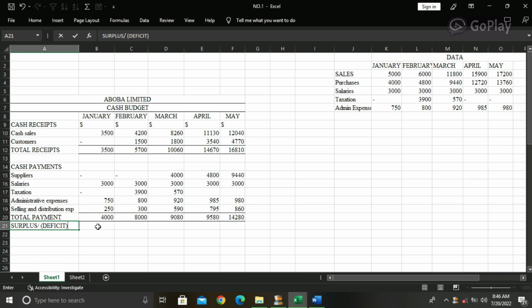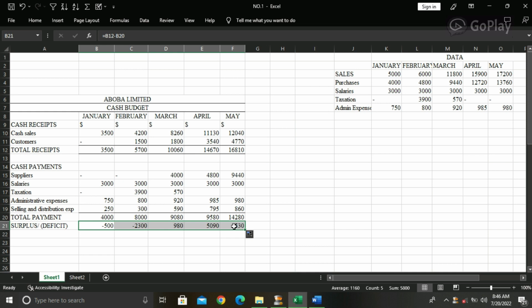So we are going to subtract the payment from the receipt. We will just drag it, but if you are using a calculator, then you have to do it one by one for each of the 5 months.